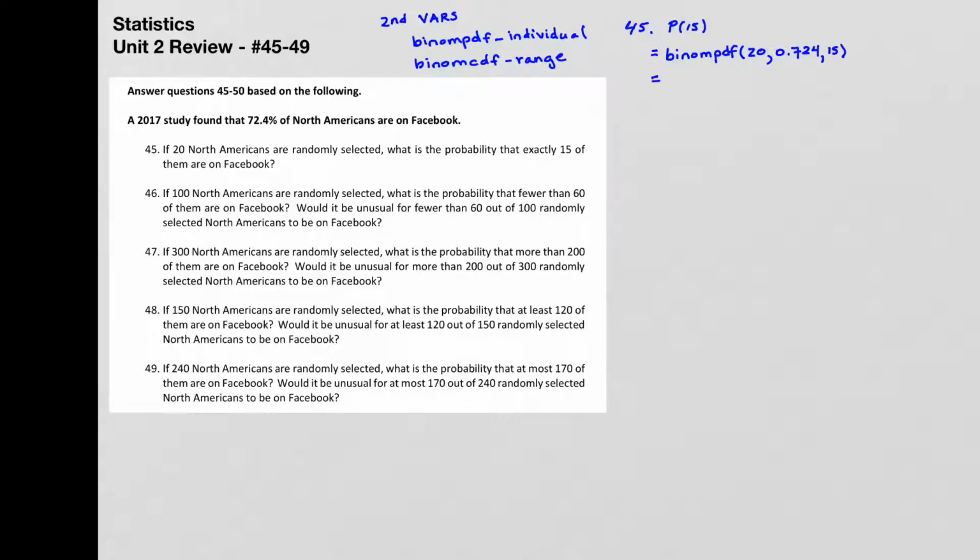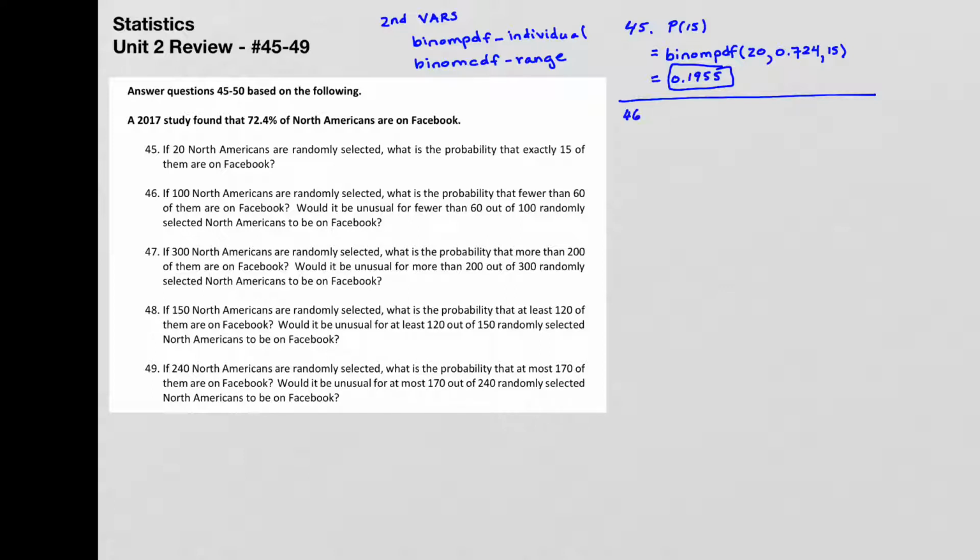So when you enter that into your calculator, we get 0.1955, and that's my final answer. So that's how we find a probability for one individual value using the binomial distribution.